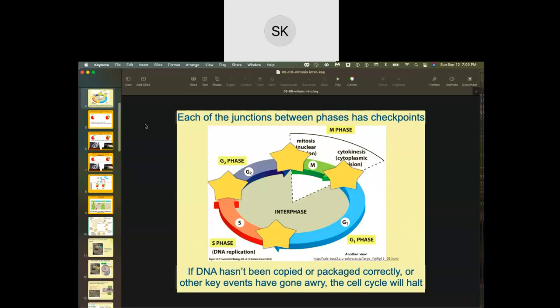So in other words, when the CDK for mitosis is active, then the cell knows to go into mitosis. Then the CDK for G1 might become active, and the cell knows to leave mitosis and go into G1.